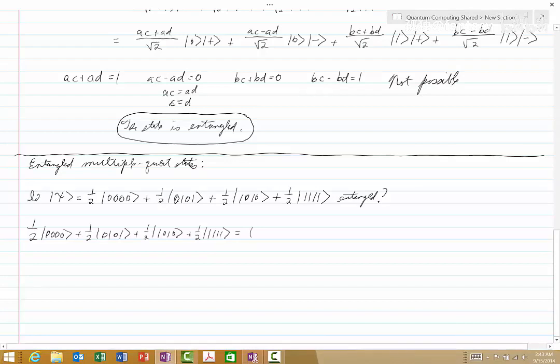We would say A 0 plus B 1 tensor product with C 0 plus D 1 tensor product with E 0 plus F 1 tensor product with G 0 plus H 1.